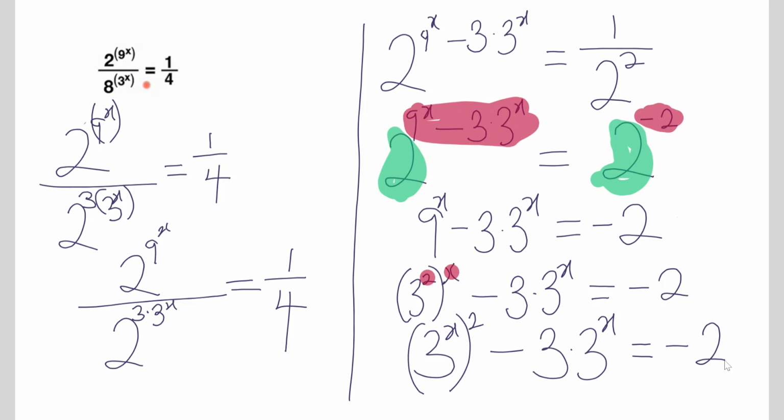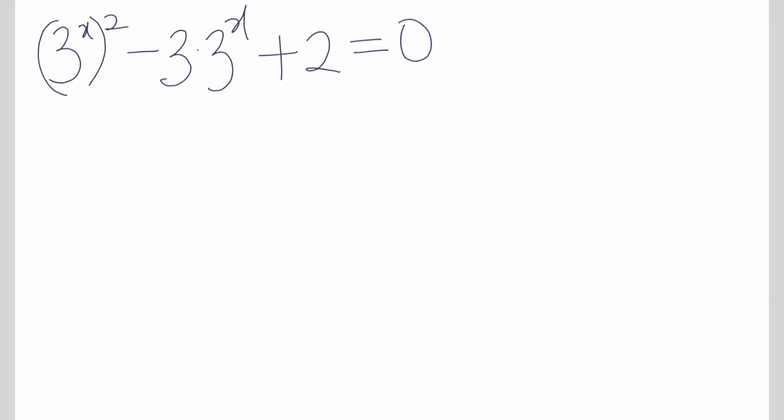That is, I'm going to be adding 2 to the both sides. So when I add plus 2 to the both sides, I am going to be having 3 to the power of x to the power of 2 minus 3 times 3 to the power of x plus 2 equal to 0. And this I can use substitution, because 3 to the power of x and 3 to the power of x to the power of 2 have a relationship.